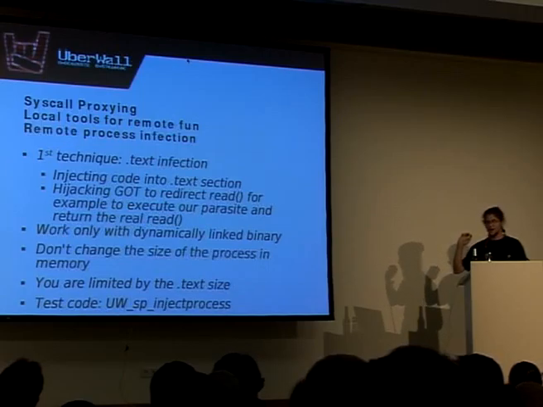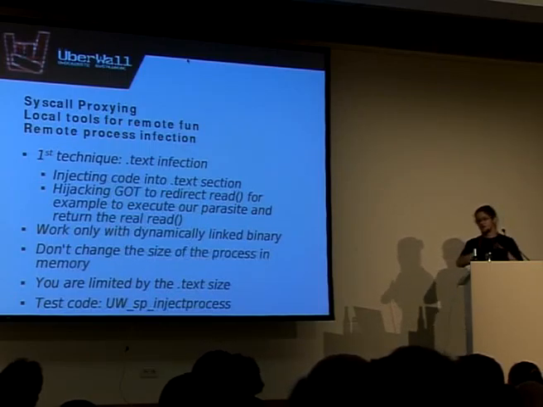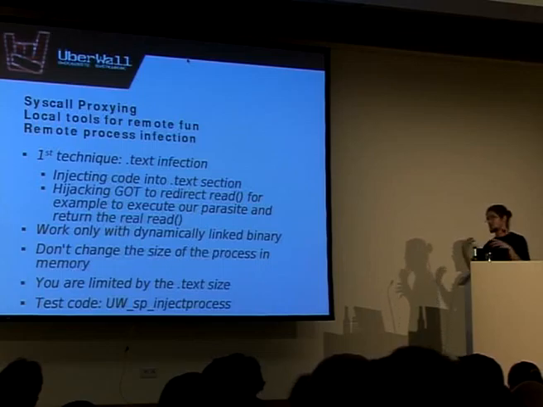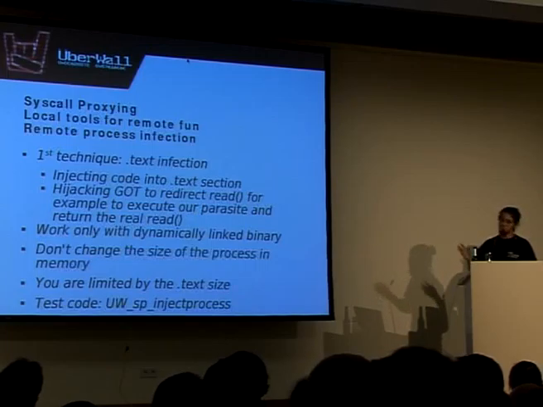I really don't know why, but yeah, you can write what you want because it's not used anymore by the kernel. The kernel takes all the code in this section, puts it in memory, and leaves it free for you. So you can inject code into it, your parasite, whatever you want.